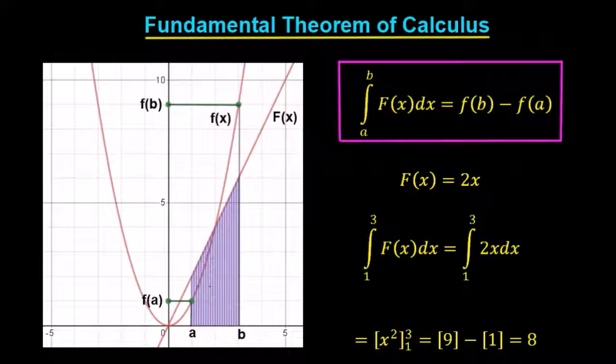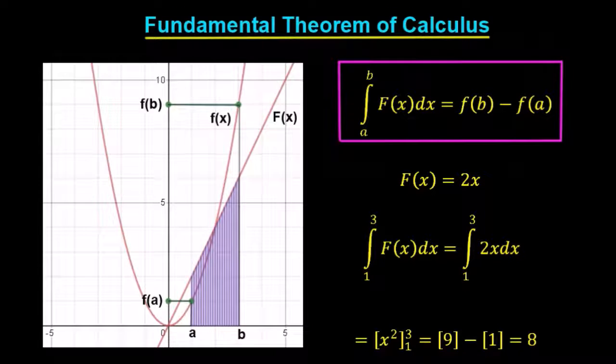But we know that the area here is given by the value of the integrated function at point B, which is our small f of b, minus the value of our integrated function at a, which is f of a. So f of b minus f of a, in this instance, is 9 minus 1. So this height here is 9, and this height here is 1, so 9 minus 1 is 8.